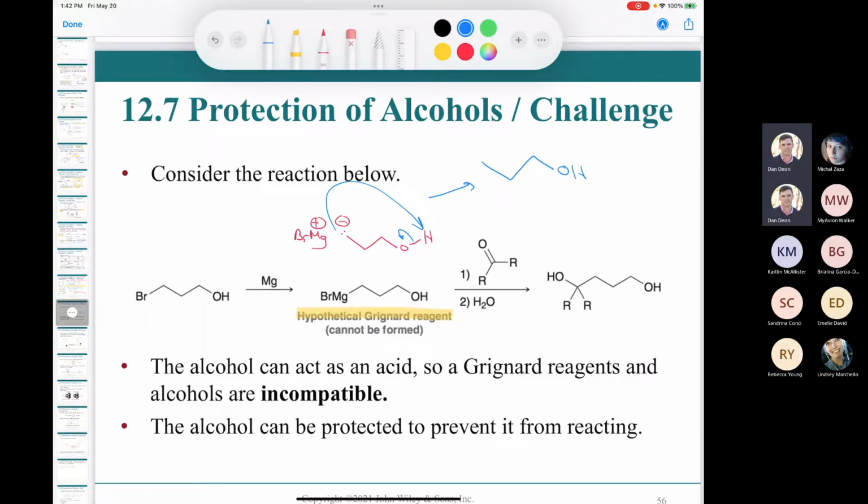So what do we do? Well, we can mask the functionality of that alcohol. Another way that we could describe it is to say we protect the alcohol. So we can cover this alcohol up somehow so that we can form the Grignard reagent, make our desired product, and then remove the protecting group in the last step. Check this out.